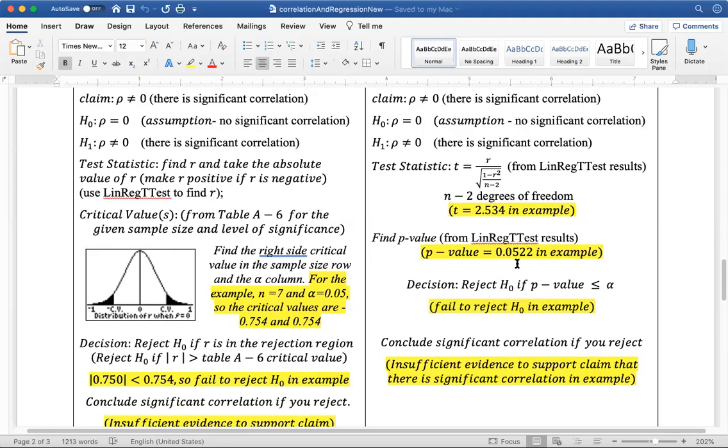And our conclusion is going to be, there is not sufficient evidence to support the claim that there is significant linear correlation. We remember what happens here: if we reject, we are supporting the claim in this case. If we fail to reject, we can't support the claim. That is basically how it's going to be written. Do we have significant linear correlation or not?